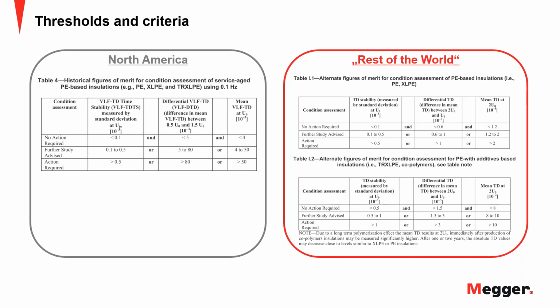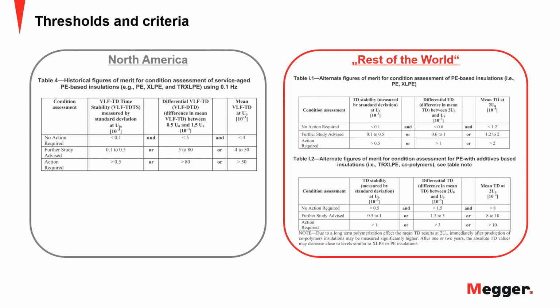What we have found, and what we typically also show and discuss in our seminars, is that different companies have come up with certain thresholds for certain types of cables where they say, okay, here I start to monitor the cable more often, or here I take immediate action. So if you want a number from me, oh, it's 500 picocoulomb or 1,000 or 1,500 or 10,000, I will not give you that answer.